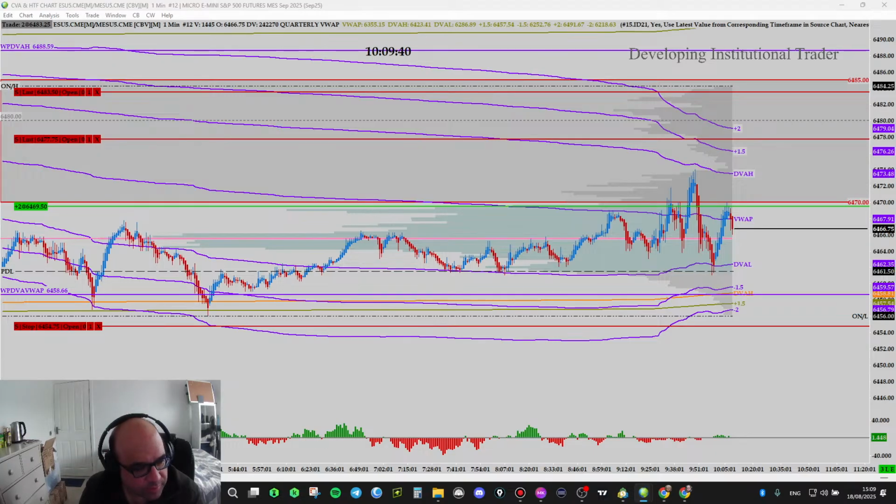Let's see if we're gonna pop up to cover this big imbalance, this big low volume node.